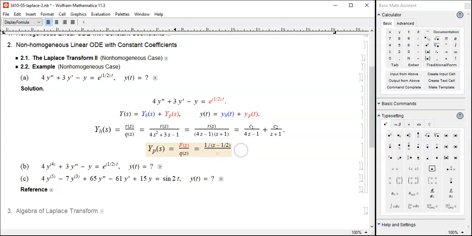That's the numerator. And let me highlight it in red. And the denominator is Q of s, same as before. Let's highlight it in red. Okay, same Q of s as before. So we can decompose all that by partial fraction.